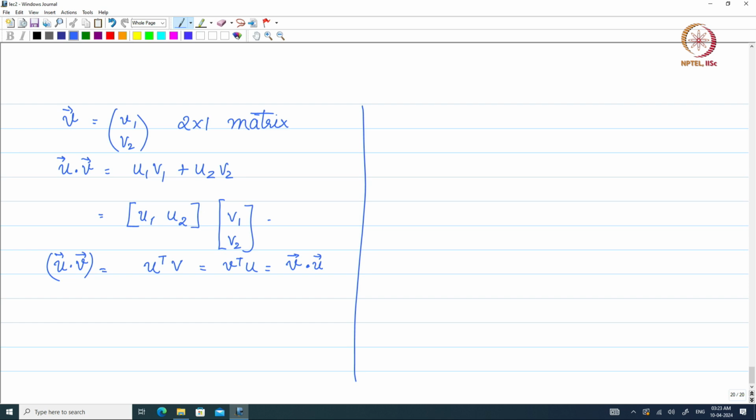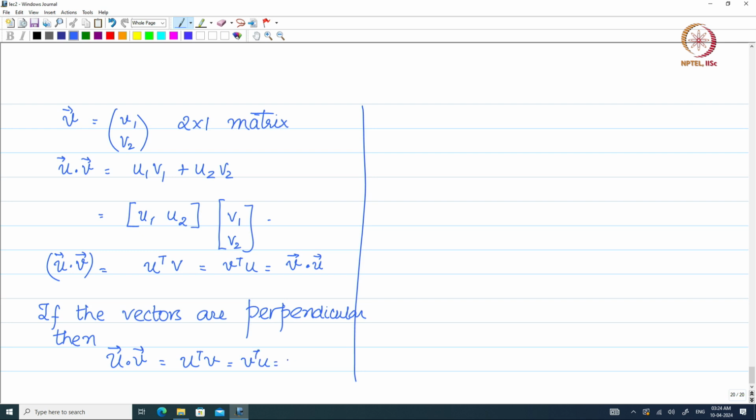So, that basically tells me that if the vectors are orthogonal or perpendicular, then the dot product between them, u dot v, which is also the inner product of the two vectors, u transpose v, which is the same as v transpose u, which is the same as v dot u, must be equal to 0, right, that must be equal to 0.